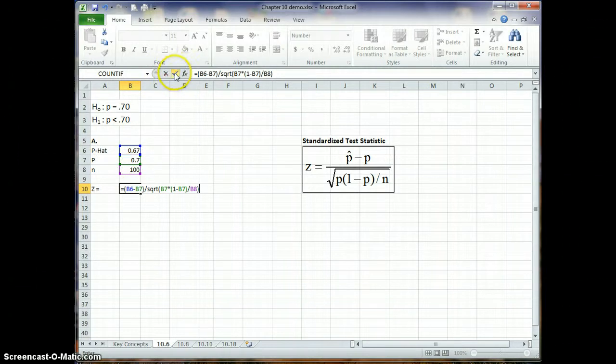And enter there, and that gives us a z-score of minus 0.65.